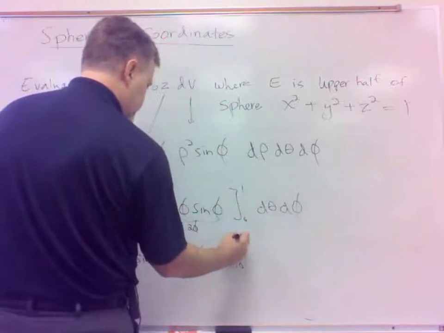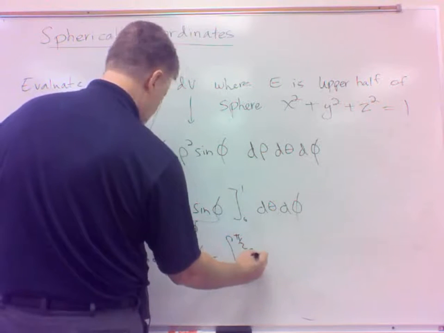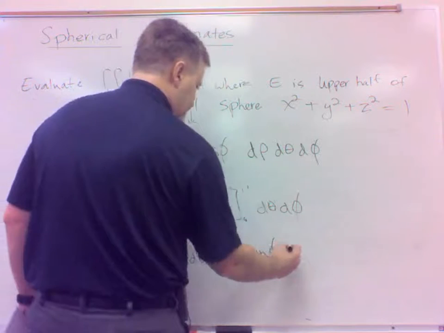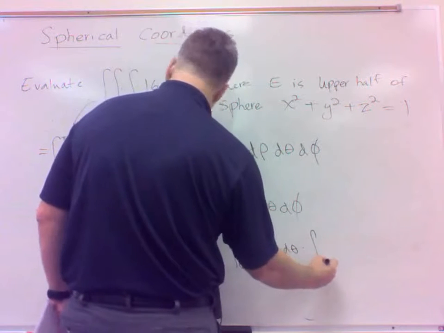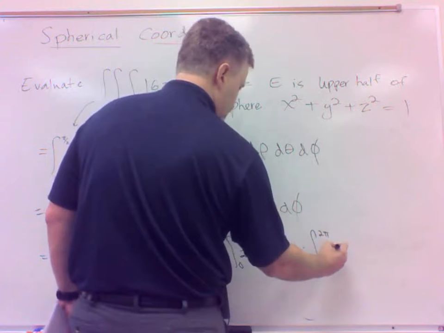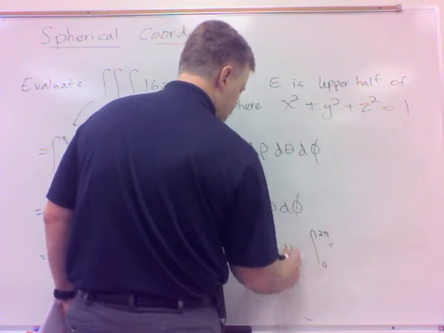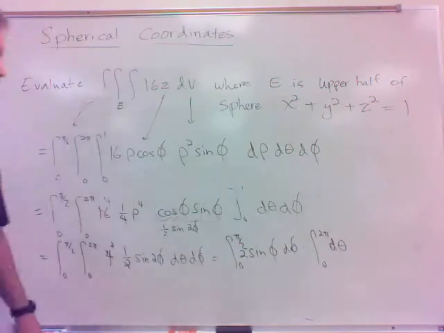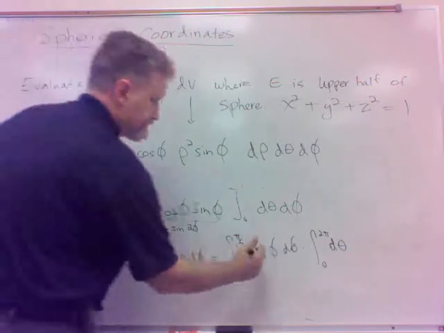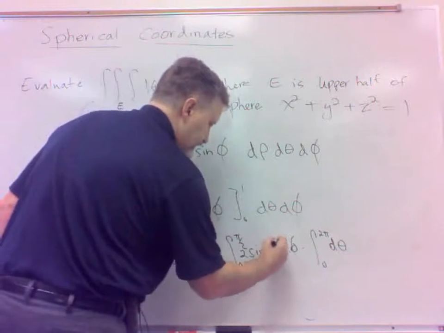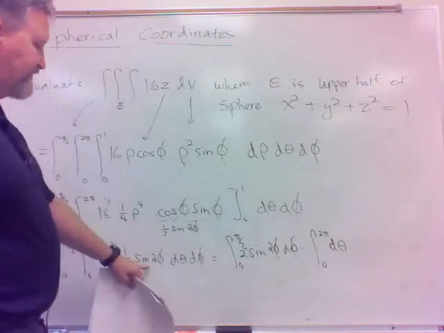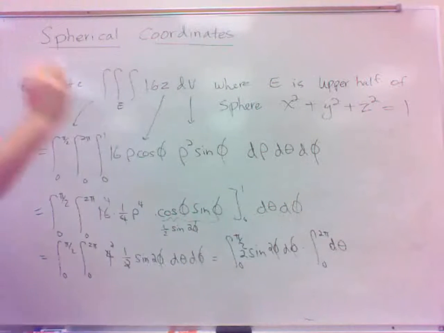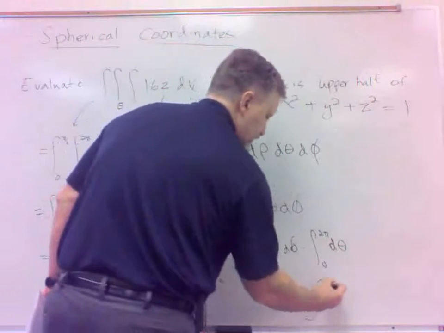The integral 0 to pi over 2 of 2 sine of 2 phi d phi times the integral 0 to 2 pi, just 1 d theta. That's just going to be 2 pi, isn't it? We're just doing 1 d theta.